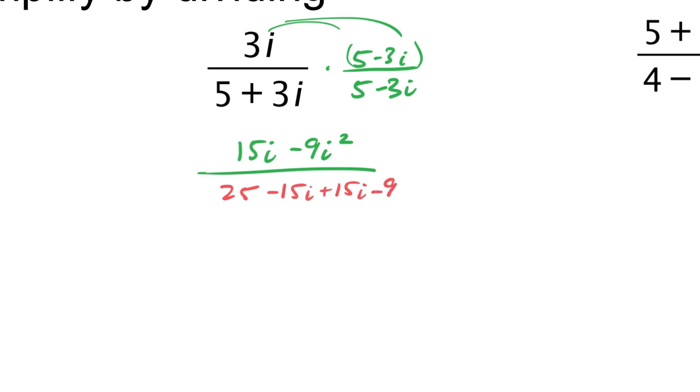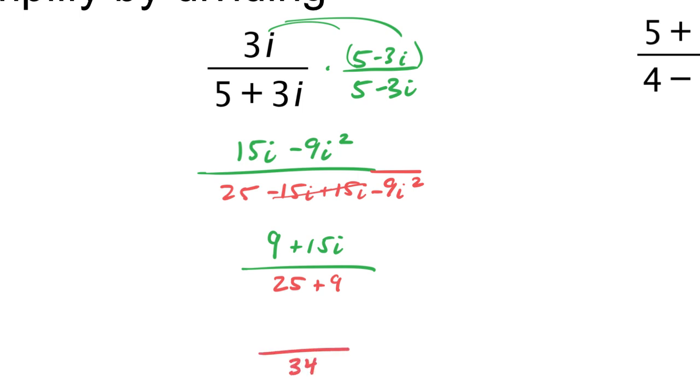I got the lasts, minus 9i squared. On the top, that really turns into 9 plus 15i. On the bottom, my negative 15, positive 15 cancel out. I really have 25 plus 9, which turns out to be 34 when I do the math.